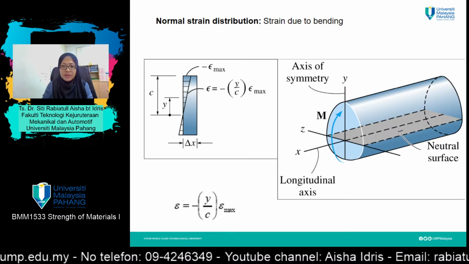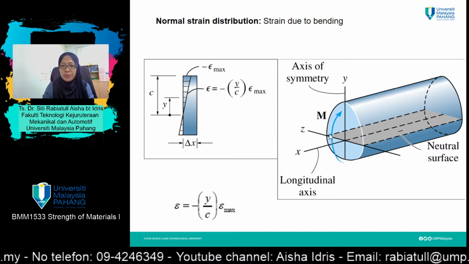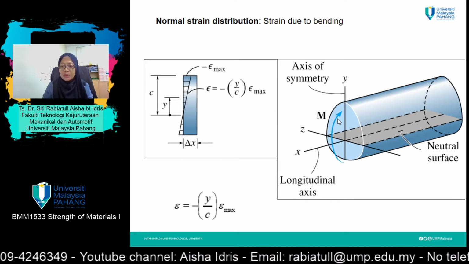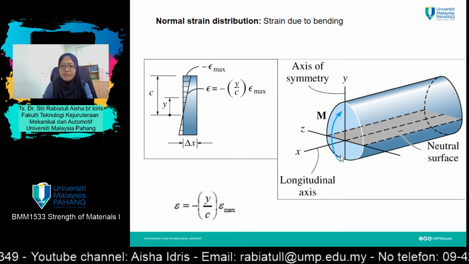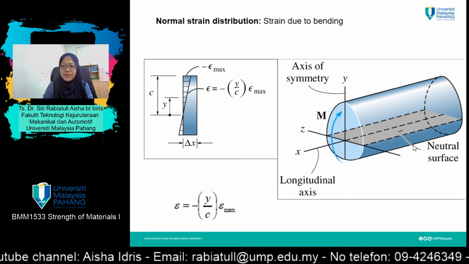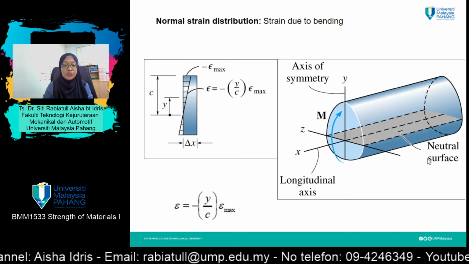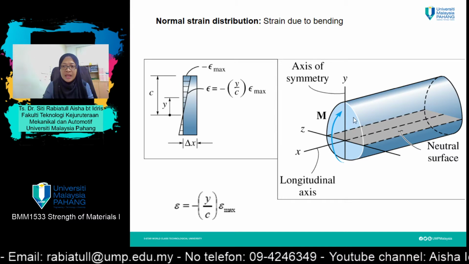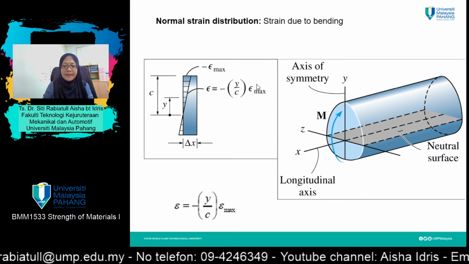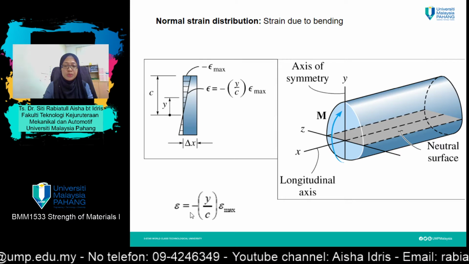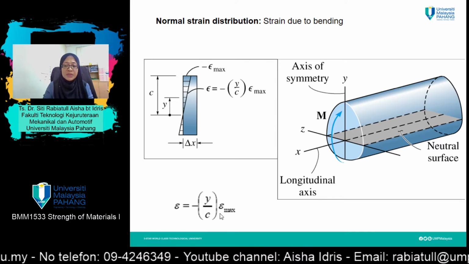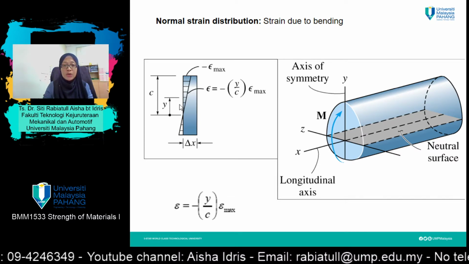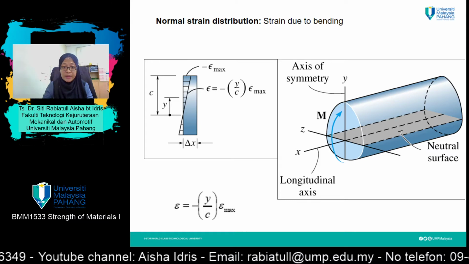If you look closely at the members that are subjected to bending, the moment here is the bending being applied on the member, and the grey part here is the neutral phase, and that line is actually the neutral axis line. For strain due to bending, the formula is strain equals negative y over c times the maximum strain. Y represents the location, the distance at which we want to find the value of strain.